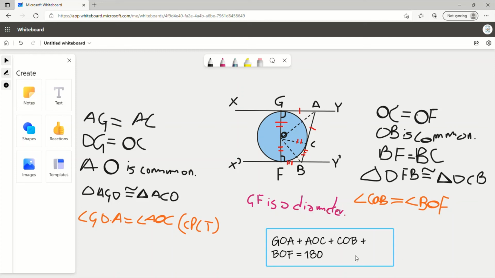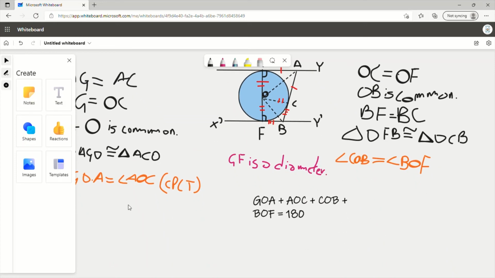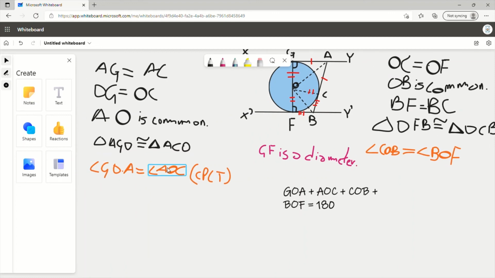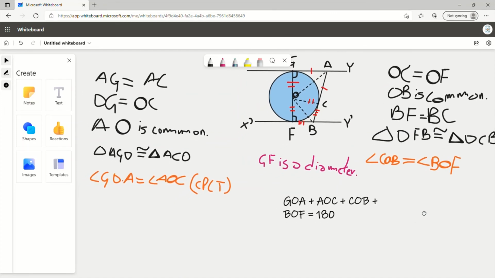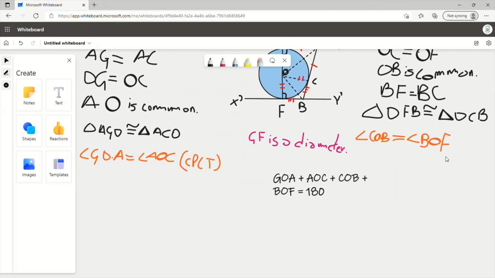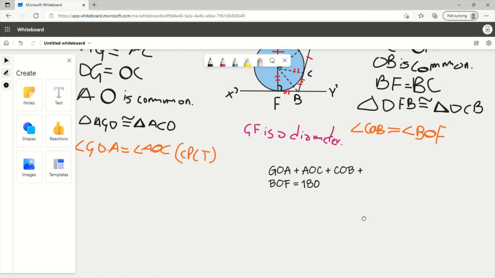But we just proved that GOA equals angle AOC and BOF equals COB. So we can substitute GOA by angle AOC and BOF by COB.